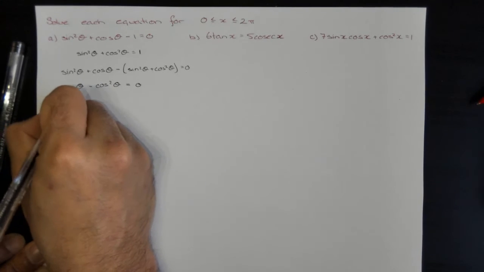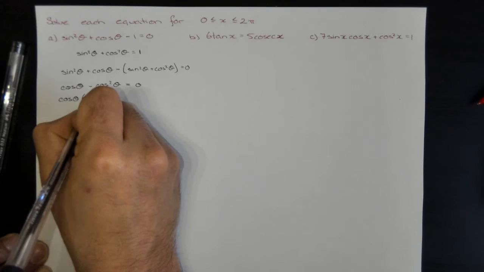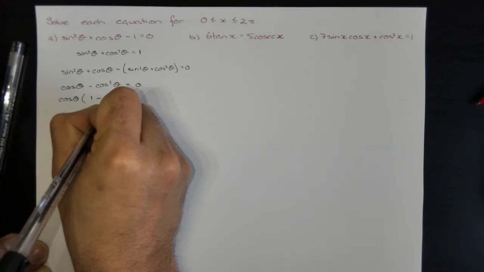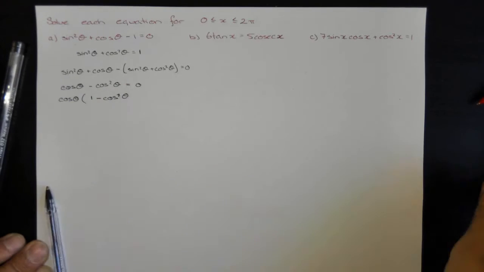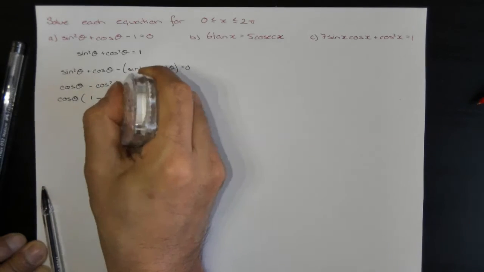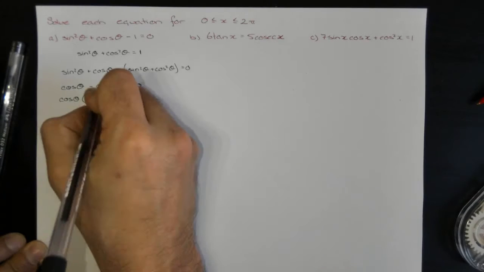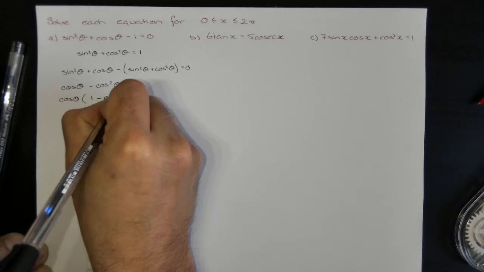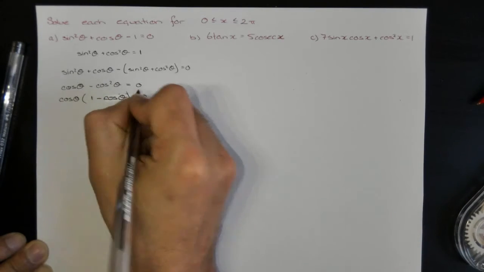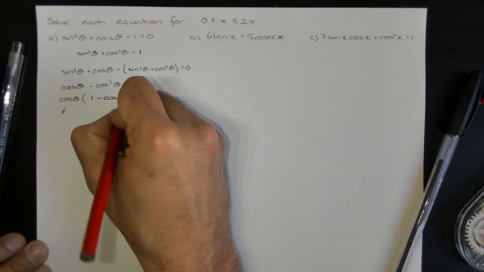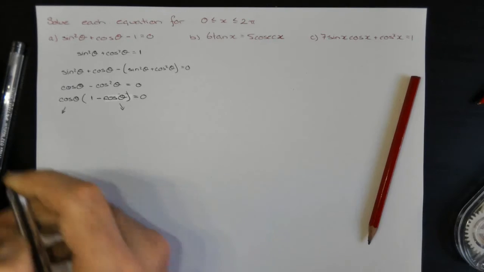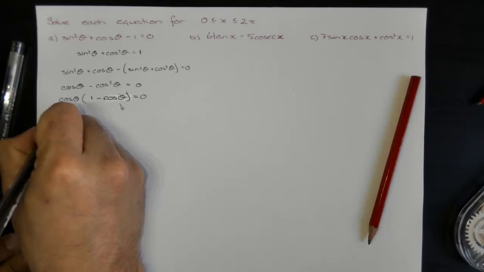I can factor out a cos theta. That's nice. Oh, sorry, that will just be cos theta, not squared. And that equals 0. So once again, applying the null factor law, this will need to be cos theta equals 0.